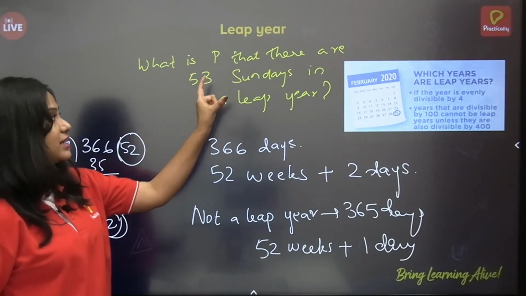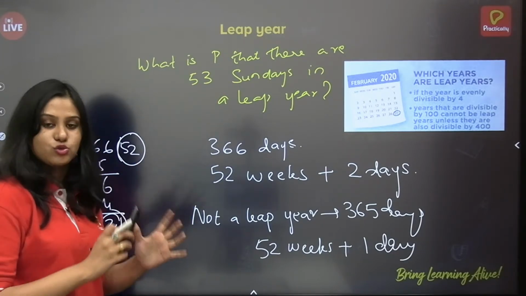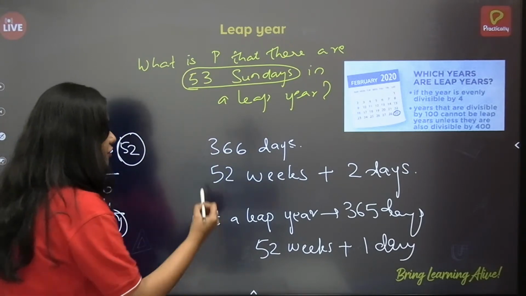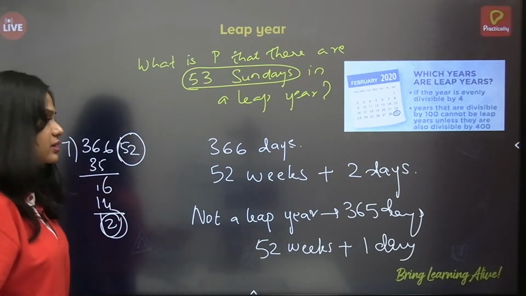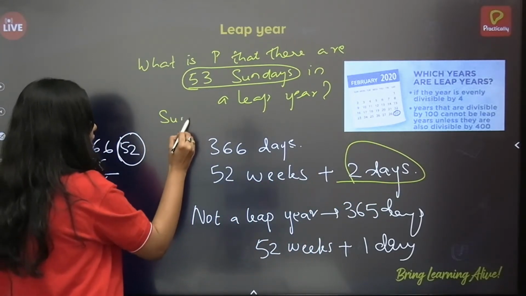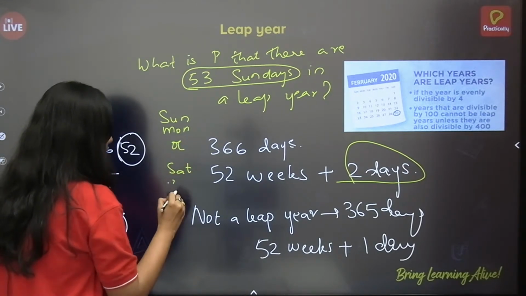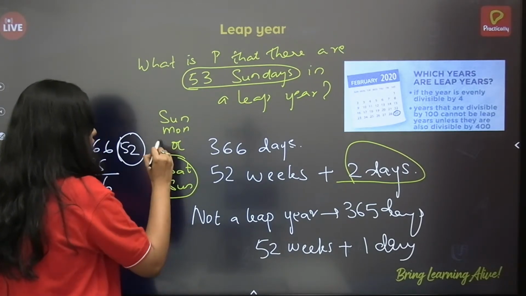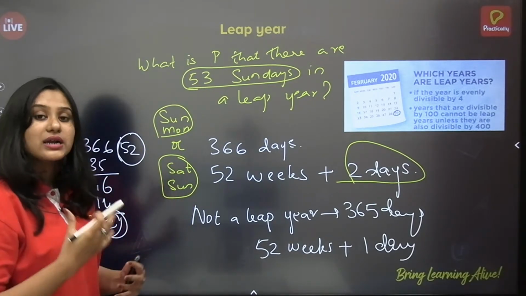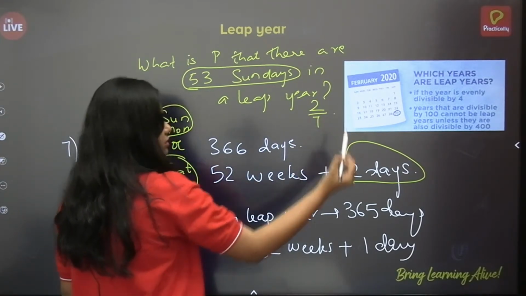So let us do this. I know that 53 Sundays should come. So 52 Sundays will obviously come, correct? So in these 2 days, it can be Sunday, Monday or Saturday, Sunday, correct? So how many are there? Two chances are there. And how many days are there in a week? 7. So the answer will be 2 by 7.